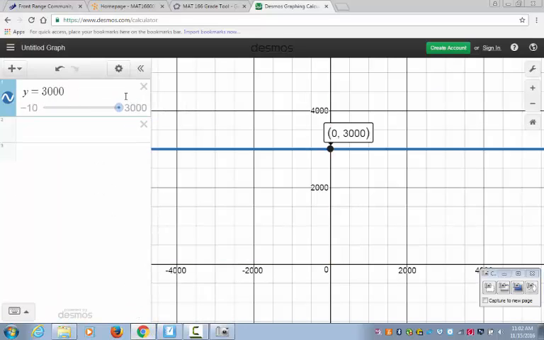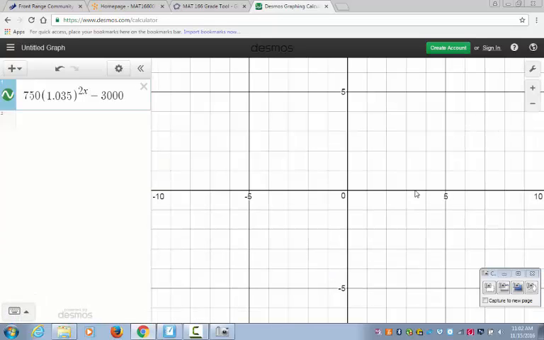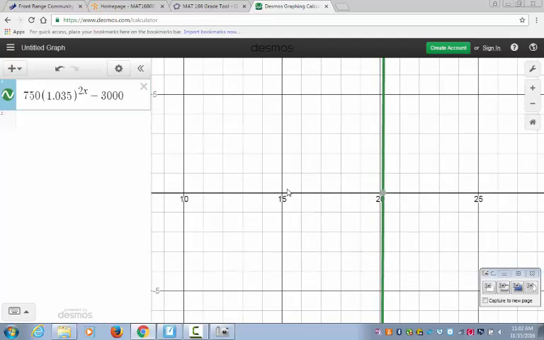So we could do 750 times 1.035 raised to the 2x, minus 3,000, and then look for the x-intercept. We don't know where it is, but it's out there somewhere, and there it is, right there.